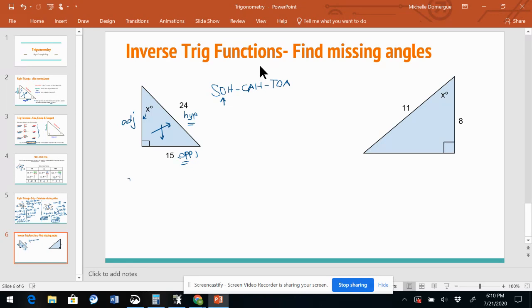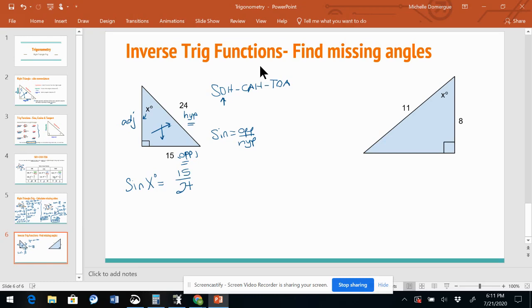So I know that sine of my angle x is going to equal the side opposite that angle, which in this case is 15, divided by the side that is the hypotenuse, which is 24, because sine equals opposite over hypotenuse.